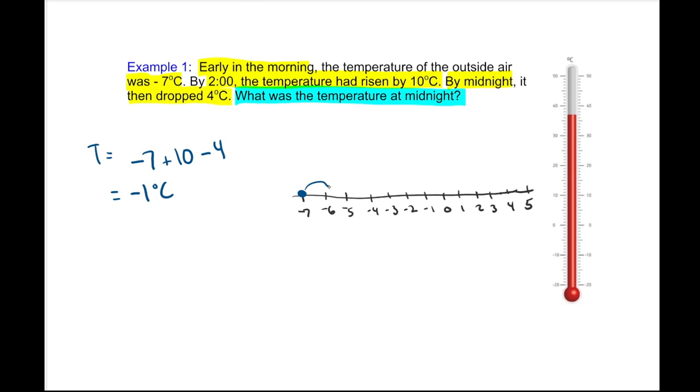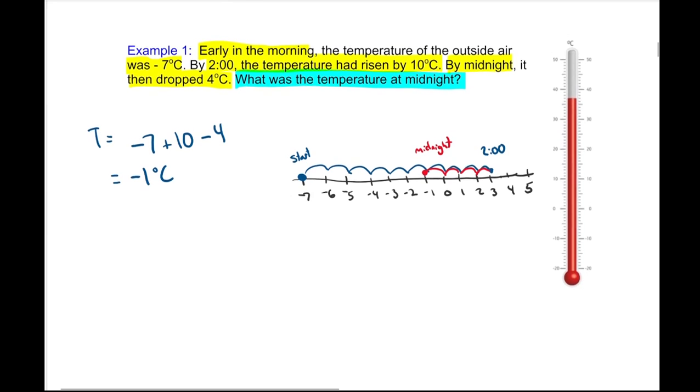We're increasing 1, 2, 3, 4, 5, 6, 7, 8, 9, 10 by 2 p.m. So we start at negative 7, we increase 10 degrees to get to 2 p.m., and then we drop 1, 2, 3, 4 degrees at midnight. So that means we end up at negative 1. Again, different ways to figure it out, especially if you're trying to do this in your head.